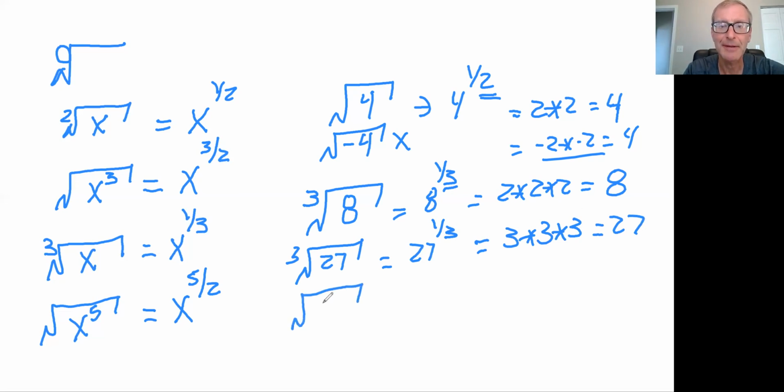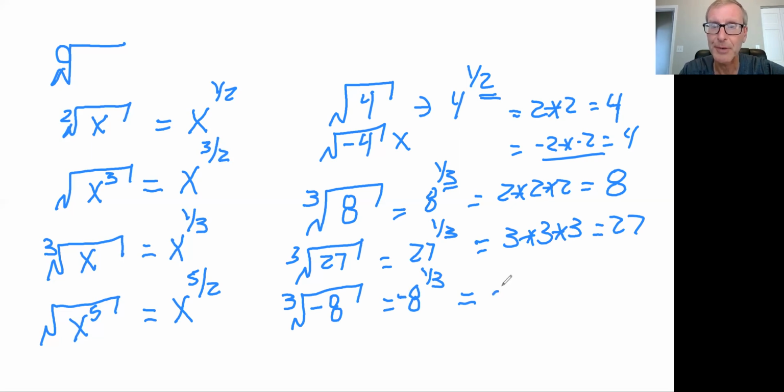Say I asked you, what is the cube root of minus 8? Now remember, there's no real solution for a square root of a negative number, but there actually is a real solution for a cube root of a negative number. Because remember, if you think about how negative numbers work, we're looking for a number that you multiply together 3 times that gives us the answer minus 8.